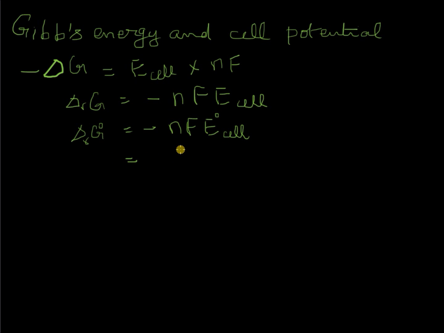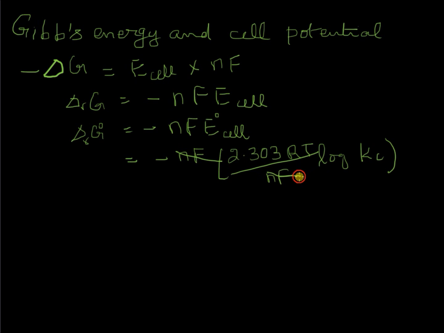We can substitute for E naught cell the quantitative relationship that we learnt a little while ago, 2.303 RT by nF log Kc.